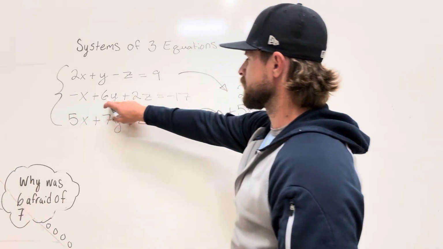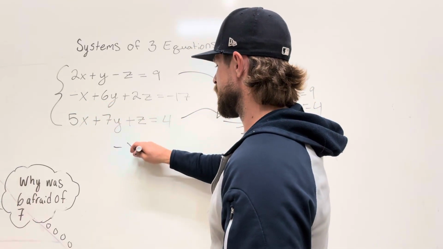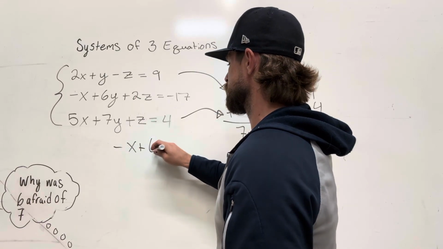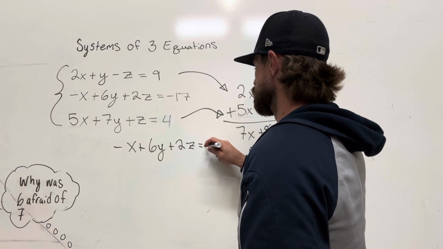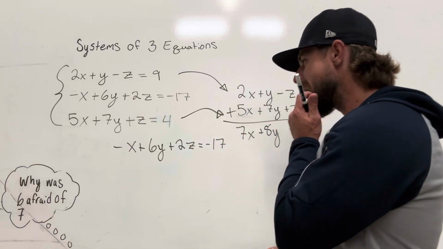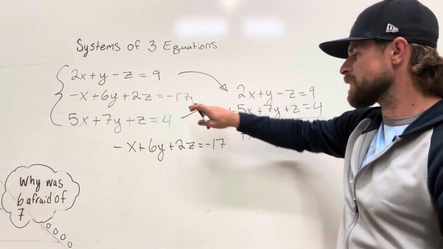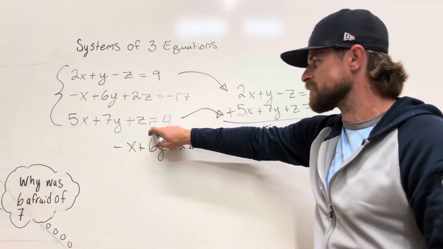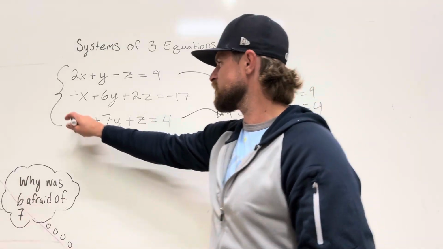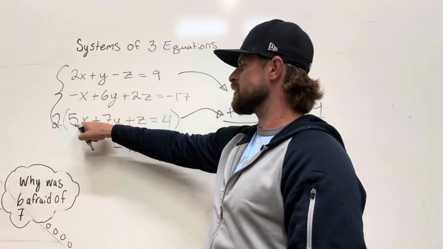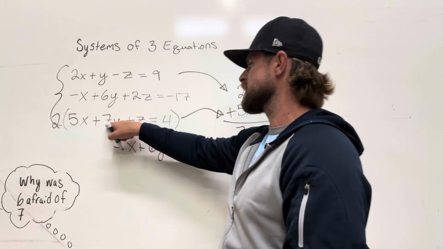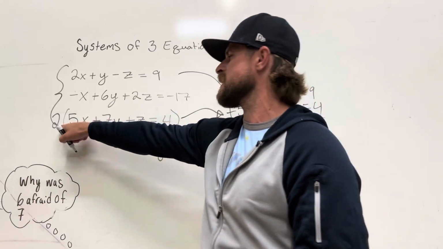Let's write down the middle equation, negative x plus 6y plus 2z equals negative 17. That's this middle equation, and I'm going to take this bottom equation, but think about taking it and just multiplying the whole equation by 2. Just distributing 2 to 5x, 7y, 2z, and 4.